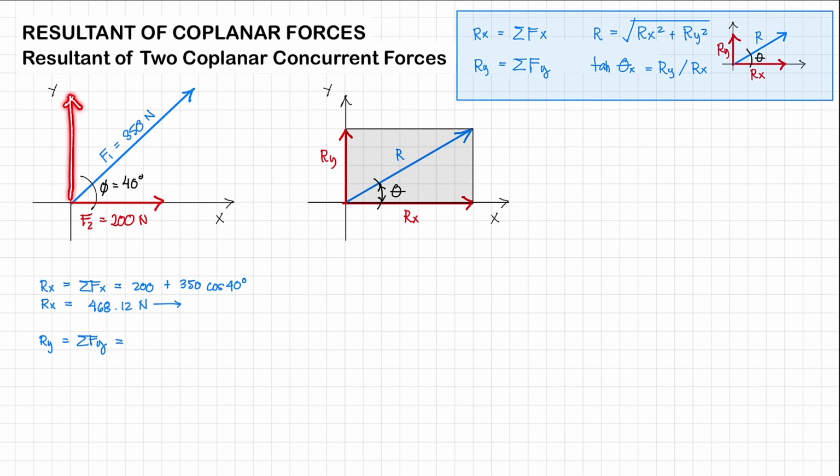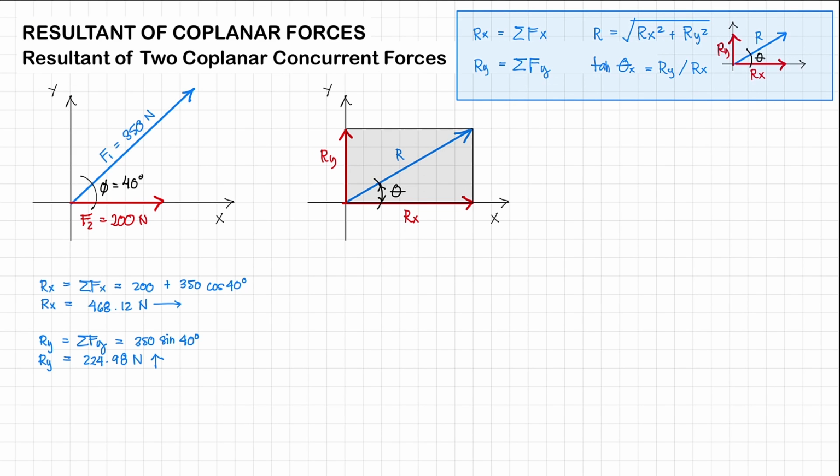Solve for the vertical component of our F1, this is just going to be 350 sine 40 degrees. And our Ry now is equal to 224.98 newtons. That is acting upwards.